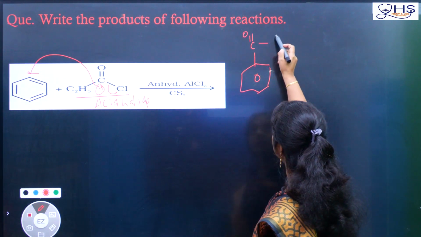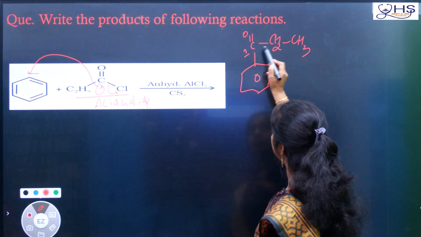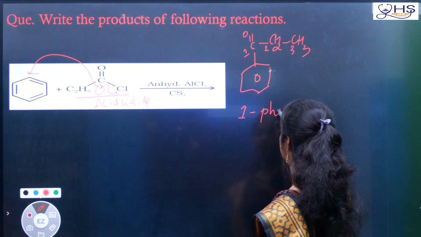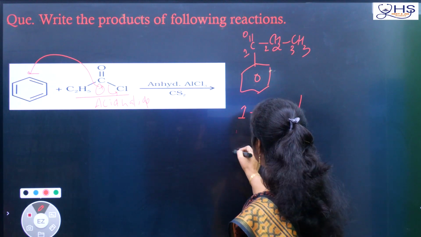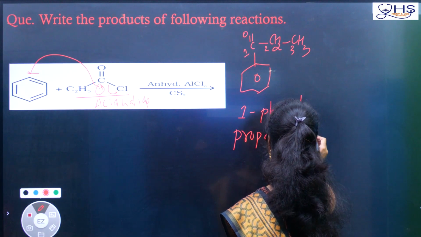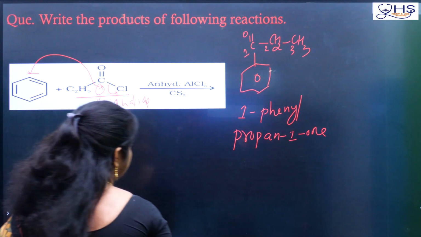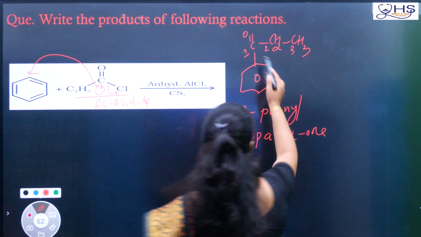C2H5, I can write it as CH2CH3. So this is carbon 1, second, third. The benzene substituent is known as phenyl, so 1-phenyl. Three carbons means prop, single bond means an, and at the first position you have ketone. So 1-phenylpropan-1-one. Why did I write 1-phenyl? I explained this in the last lecture.